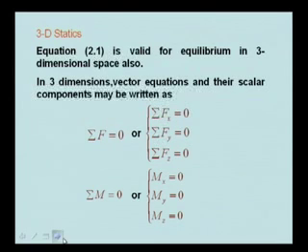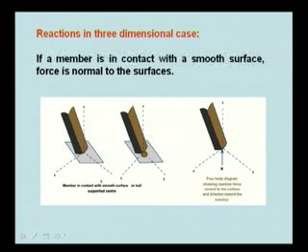That is the scalar form. So we get 3 equations here. Then we get sigma M equal to 0, or Mx equal to 0, My equal to 0, Mz equal to 0. So we are obtaining these 6 equations.